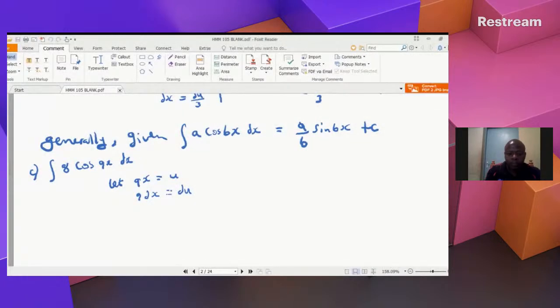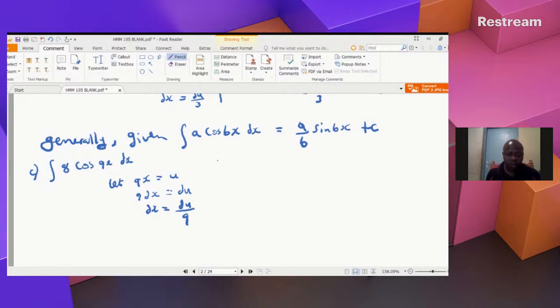So what I said is that just as we did in example B, we call this u, and then differentiate both sides to get 9 dx equals du. At this point, we make dx the subject of the formula, so dx becomes du out of 9.